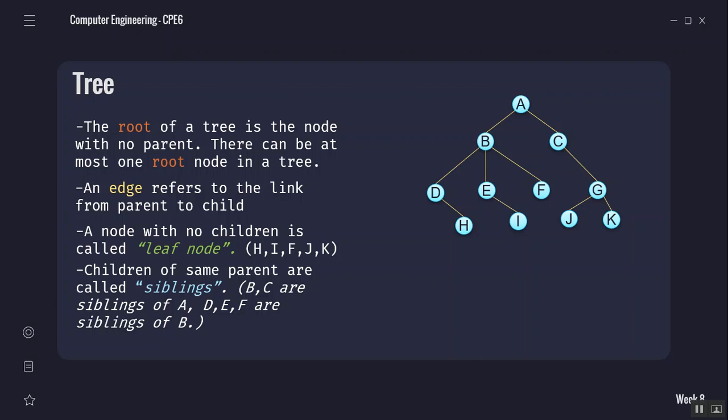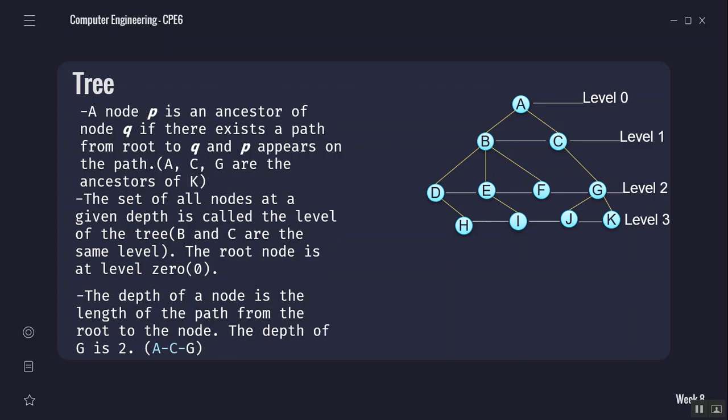The next one is a notation. A node P is an ancestor of node Q if there exists a path from the root to Q and P appears on the path. Let's say A, C, G are the ancestors of K. As you can see here, as we traverse to K from A, the ancestors of K are A, C, G because there exists a path that connects from the root node to the node.